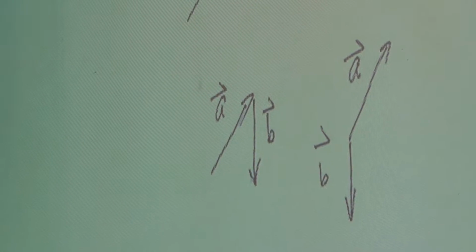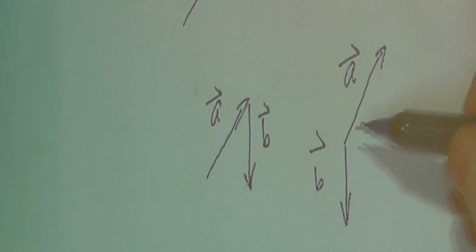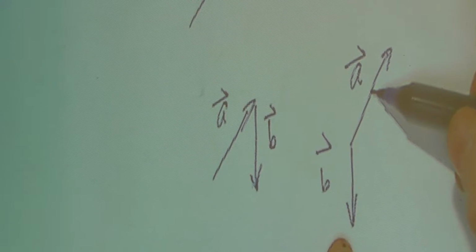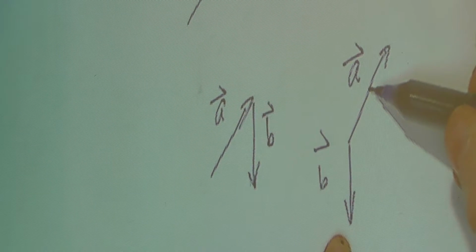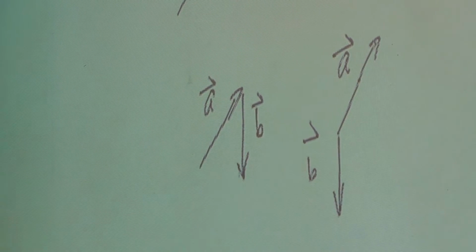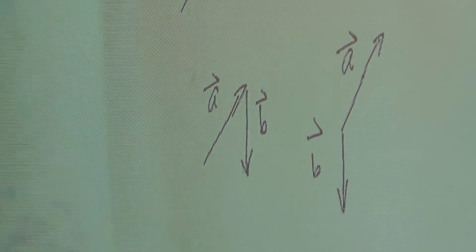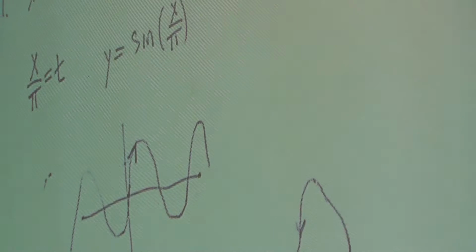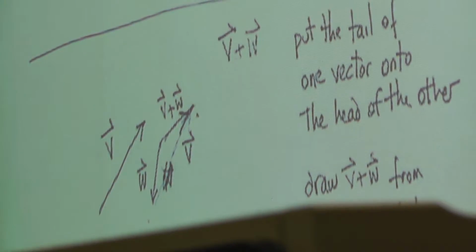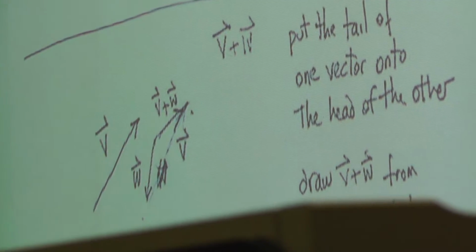It doesn't matter where B begins in relationship to A. So it's just a quirk of the drawing in terms of where it sort of looks like it's beginning and where it's ending. But it's irrelevant.